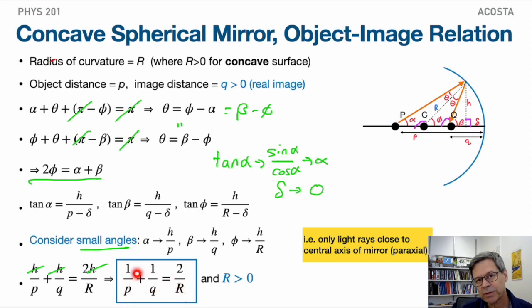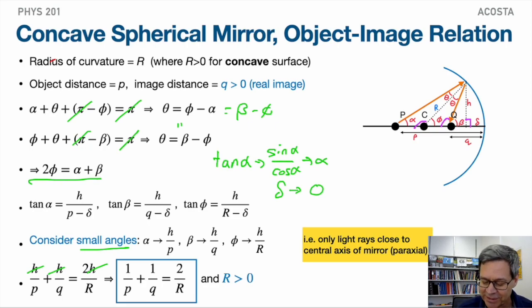In other words, 1 over the object distance in front of the mirror vertex plus 1 over the image distance in front of the vertex is 1 over half the radius, r over 2. And this was for a concave spherical mirror, and we consider r to be positive, and so this is our relationship now for the object and image distances in terms of the radius of curvature of that concave spherical mirror. Now, the object and image distances are p and q, so this is really a relationship of reciprocals. 1 over p plus 1 over q is 2 over r.